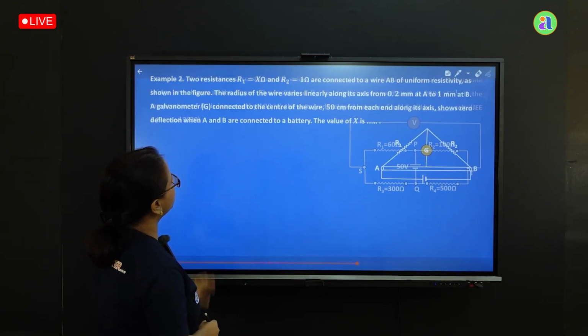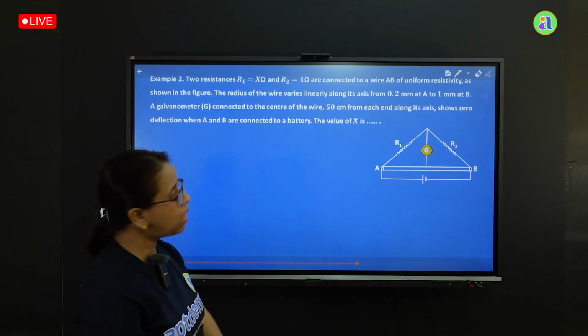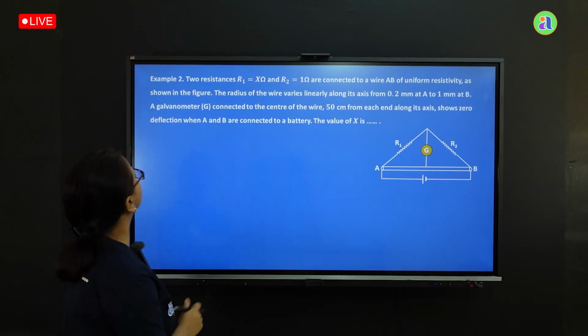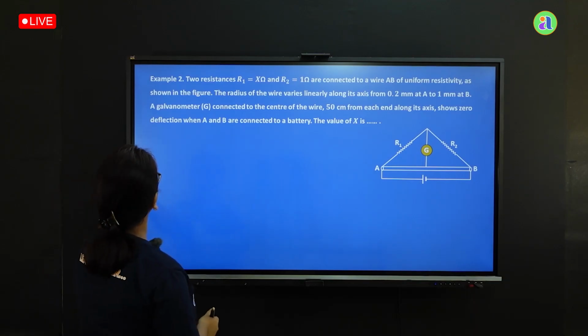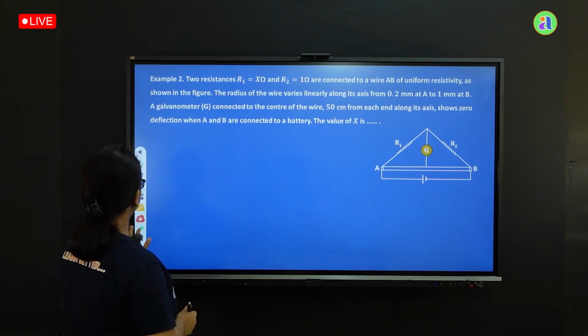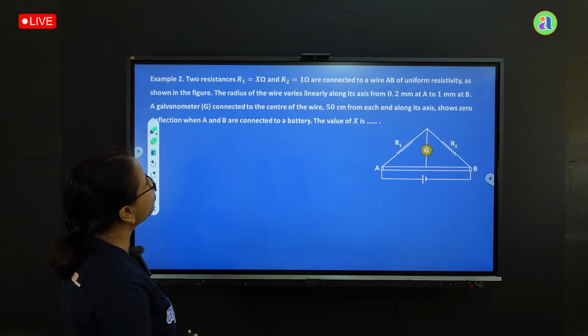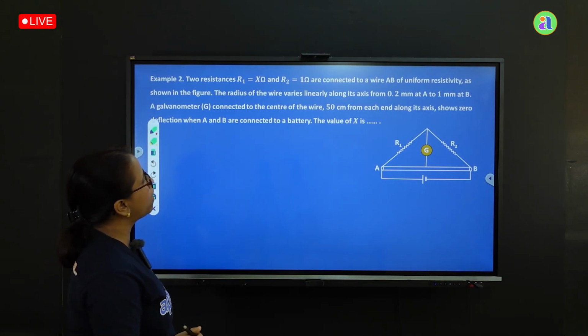Now moving on to the next problem that we have in hand today, we have a frustum shaped conductor. So let's look at the question. Two resistances R1 equals X ohms and R2 equals 1 ohm are connected to a wire AB of uniform resistivity as shown in the figure.